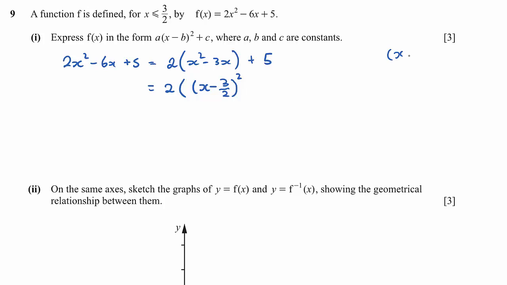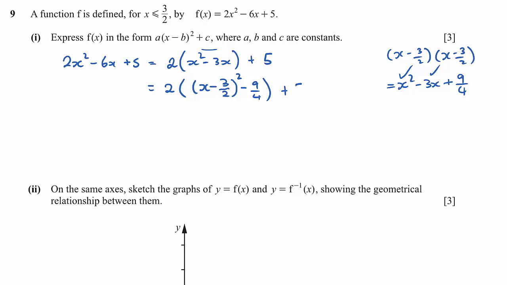Now, if we actually expand x minus 3 over 2, x minus 3 over 2, we get x squared minus 3x, and both of those we want because we can see them here. But we also get 9 over 4, which we don't want. So we're going to take away 9 over 4.